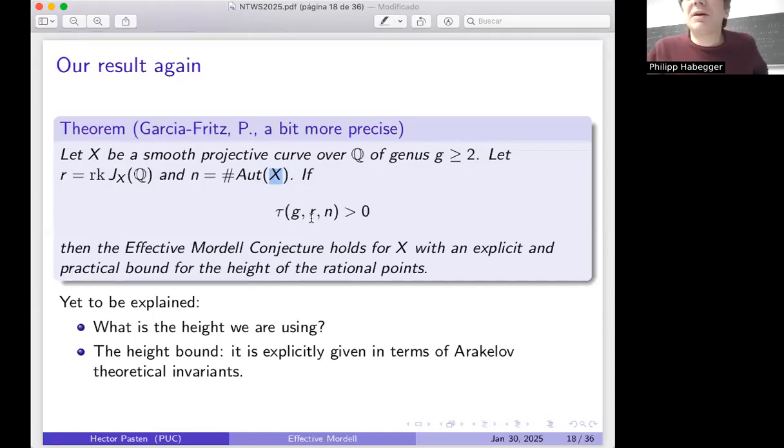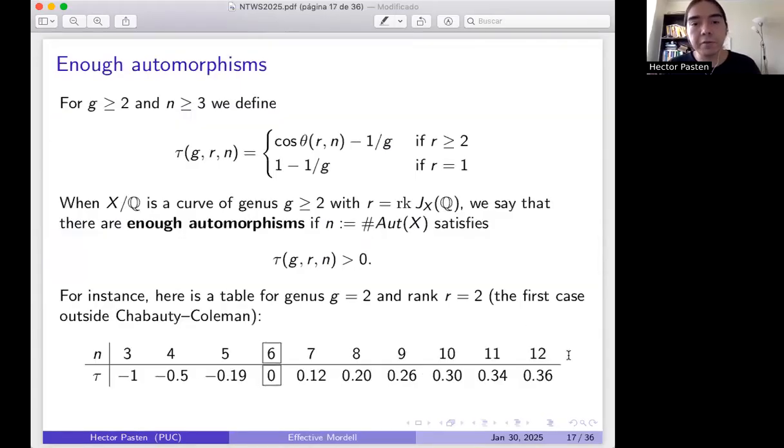Now, as a follow-up question for myself, if you have a large automorphism group over Q, does that somehow affect also the rank, because you can use the automorphisms? It could, in principle, affect the rank, but for instance, we have examples of rank 2 with 12 automorphisms. So you can get many automorphisms and small rank. But one can, of course, analyze to what extent more and more automorphisms will increase the rank.